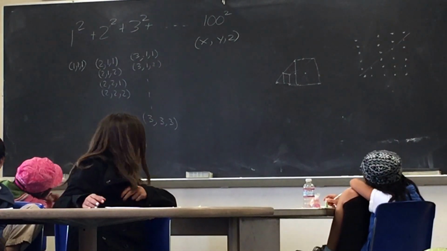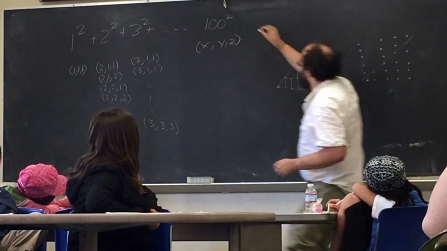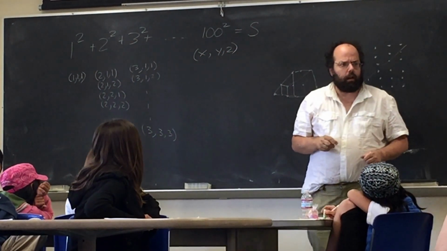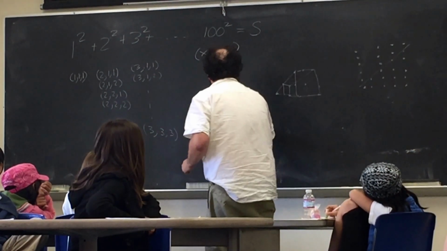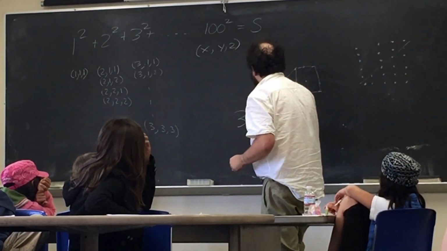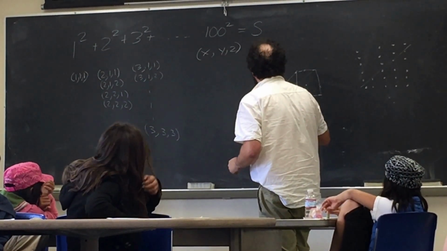Okay, so let's try to do this in algebra. We don't know what this number is, so we should give it a letter. And 3 times this letter is really close to 1,000,000, but it's not quite 1,000,000.